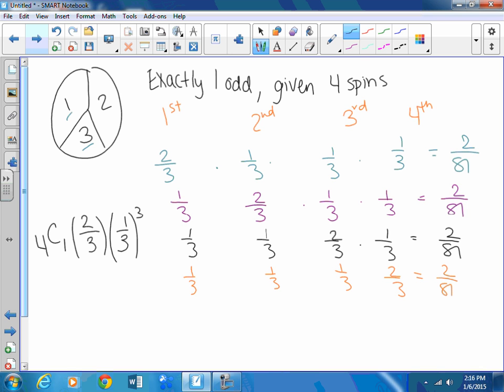This is going to give me my probability of having exactly one odd given 4 spins. So that gives me my 4 choose 1, and then they all had one 2/3 and three 1/3s. If you punch that in your calculator, you're going to get 8 over 81. So that's the probability of spinning exactly one odd given 4 spins.